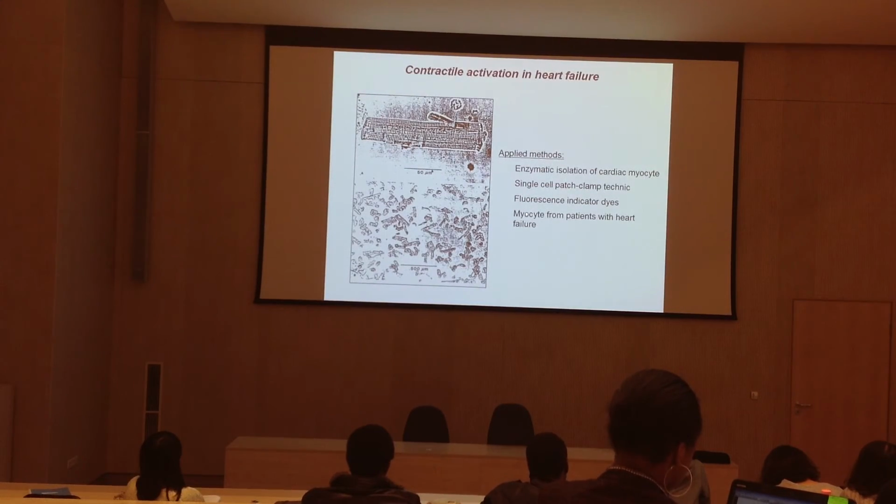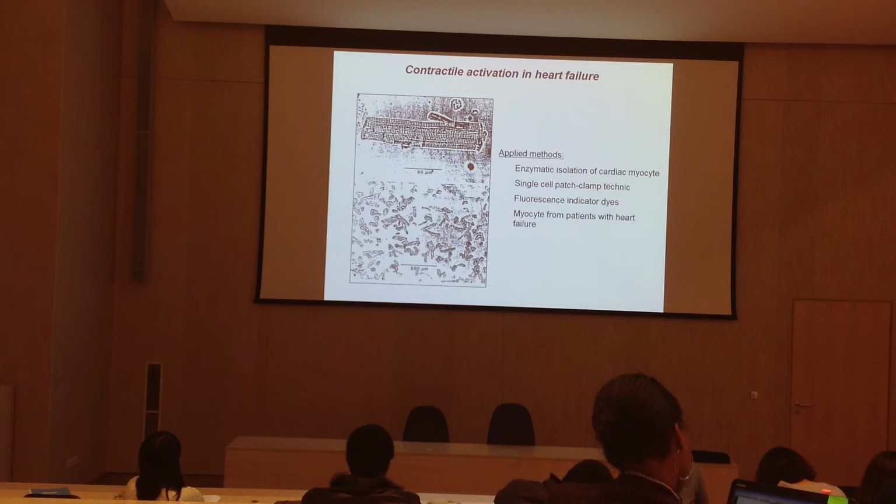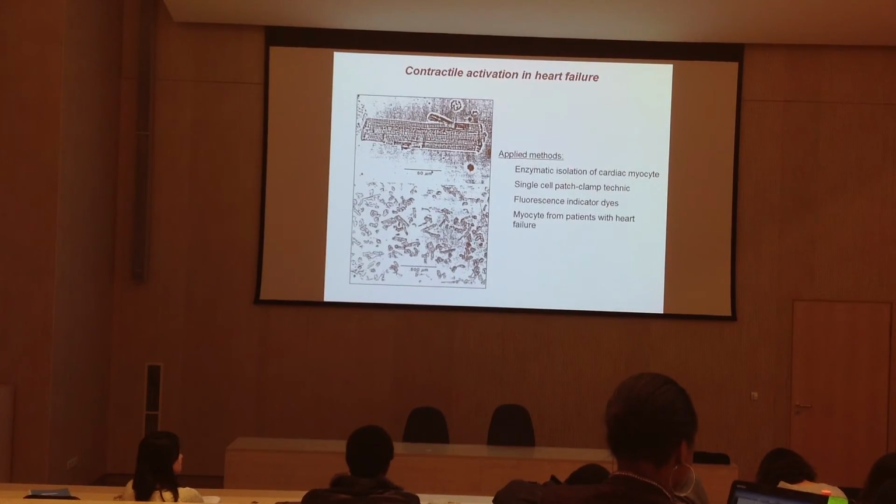And it is possible to isolate these myocytes from patients who had heart surgery; it was possible to remove cellular fibers during the operation and study them in this enzymatic isolation. Now let's go. What were the results?